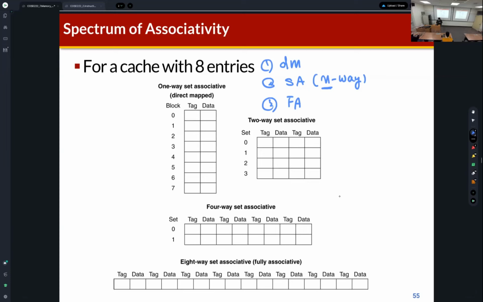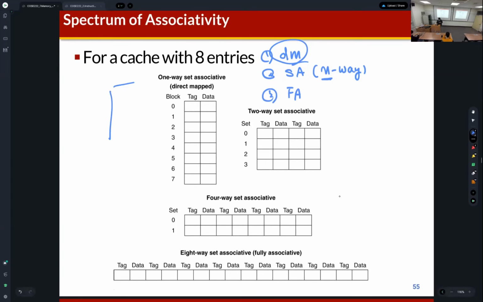When you learned about the direct mapping cache, the cache has multiple entries, and these entries are blocks, but we can assume that one entry of the cache can include multiple blocks.